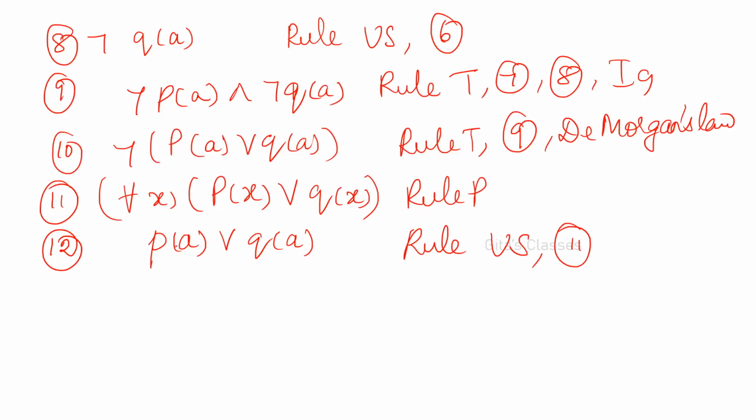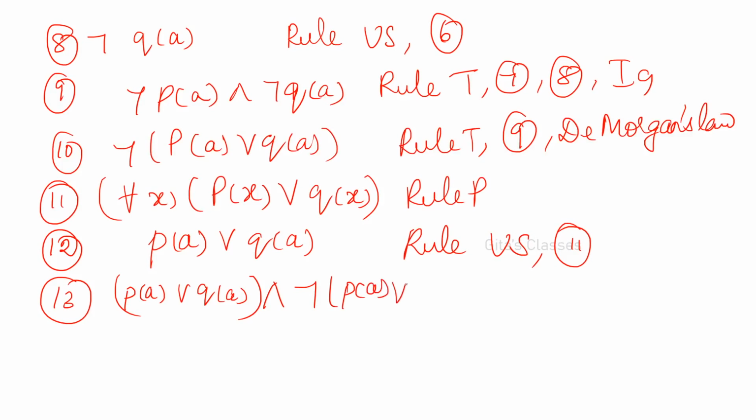Now you observe, P of a or Q of a I have, and negation of P of a or Q of a I have in step 10. So we can write it from 12 and 10: P of a or Q of a, and negation of P of a or Q of a. This is again a formula, rule T and I9.